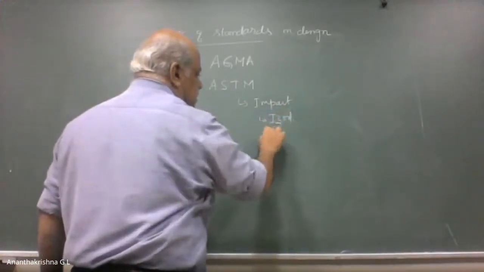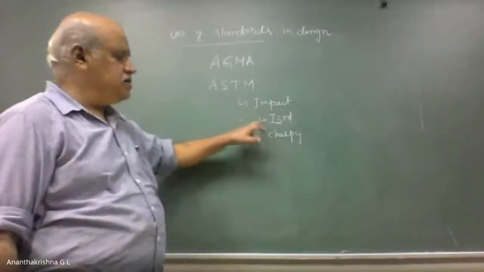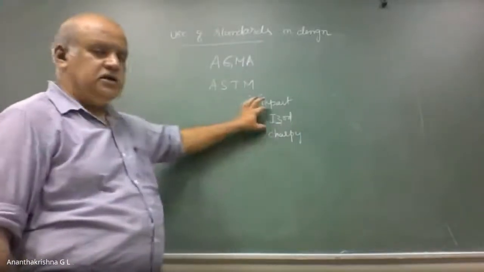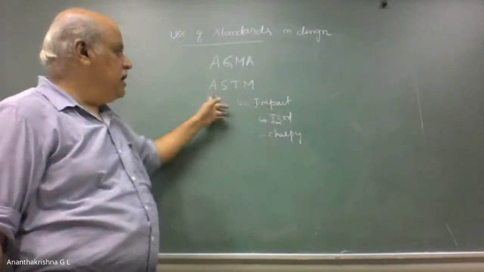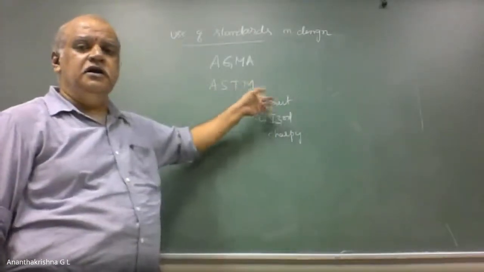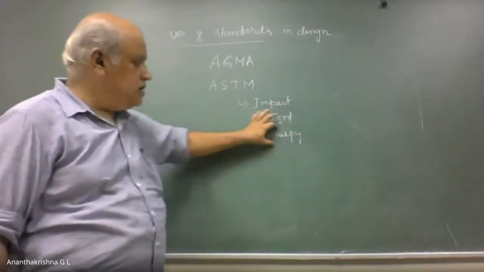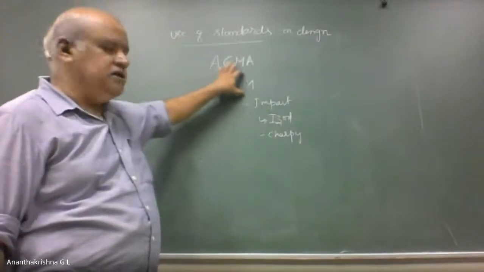Which is the other one? Charpy test. And we make V notch and U notch. Again, that V notch and U notch has certain dimensions to conform to. That is essentially given by the American Society for Testing and Materials. So whatever testing we do here, the testing dimensions should conform to ASTM standards.